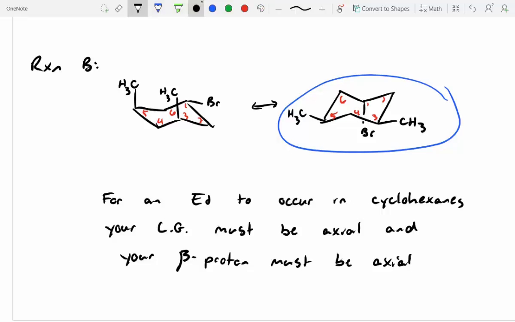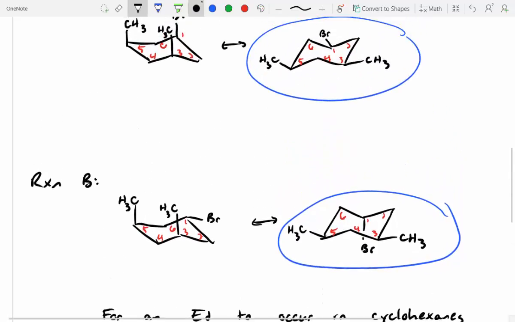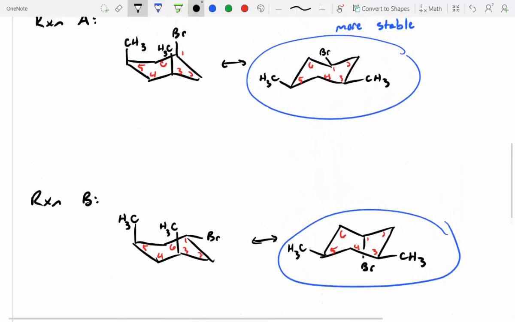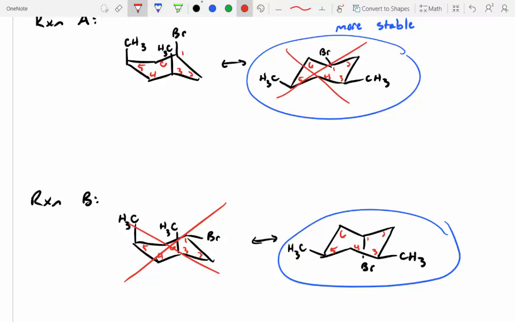All right, so if we look at these, which of these can do E2 elimination? Well, we can say immediately this one can't because that bromine's not axial anymore, and this one can't because that bromine's not axial. Does that make sense? Your leaving group's got to be in an axial position for an E2 to occur. Sometimes building the model kit can help as opposed to seeing it on 2D paper.